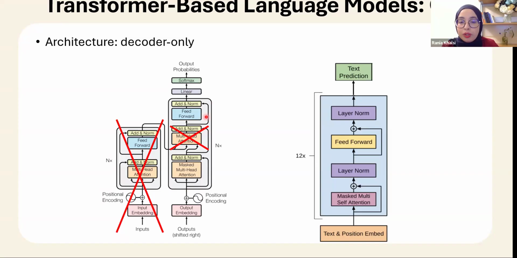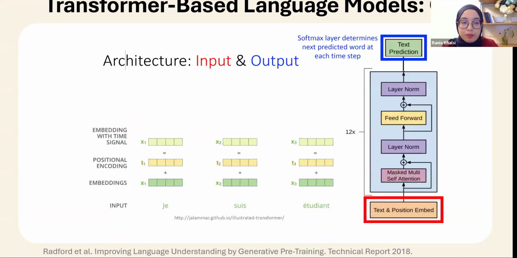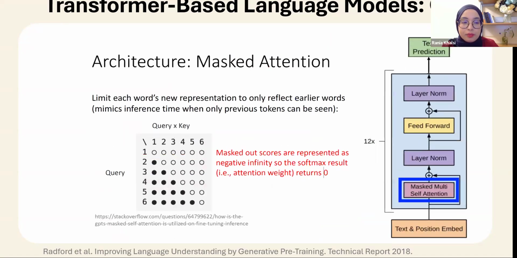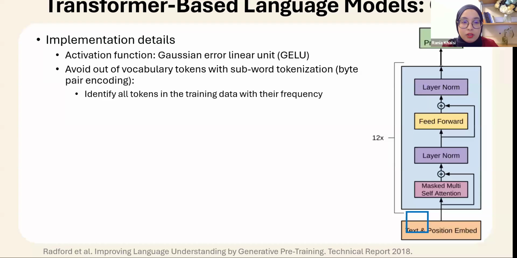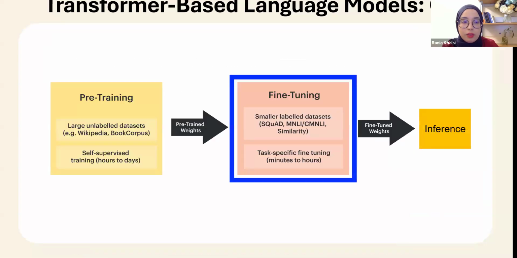Instead, I would move on to the second family of models, which is BERT, okay? This also uses the transformer architecture.